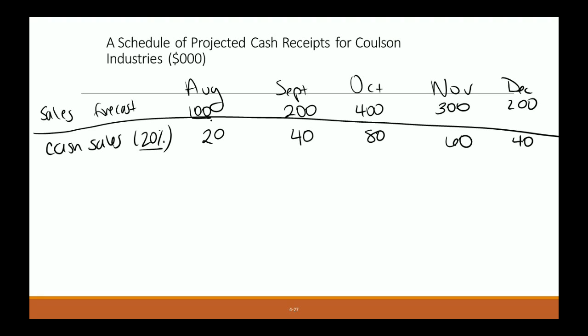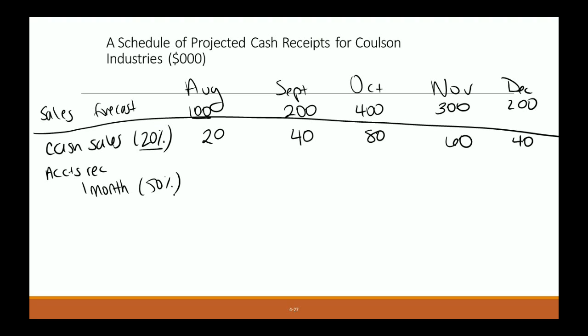And now it says that 50% of our sales were made on credit, so accounts receivable, and 50% of them are received 1 month after sale. So we can't calculate the number for August because we don't have July's numbers.